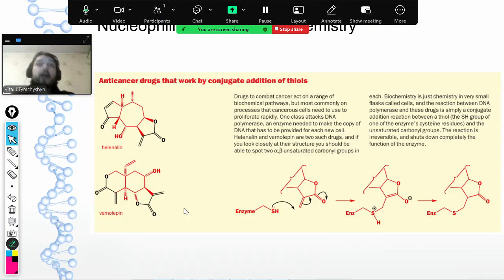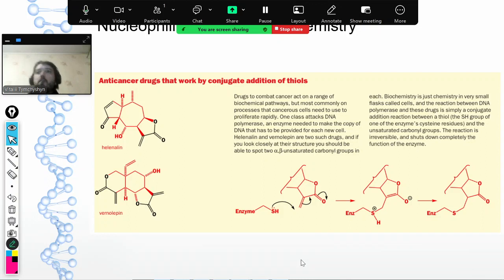One of the classes of proteins that we would like to attack and prevent from working is the DNA polymerases. This is the enzyme needed to make a copy of the DNA to be provided to every new cell. If you look at the structure of these two drugs, you should be able to spot two alpha-beta unsaturated carbonyl groups in each.